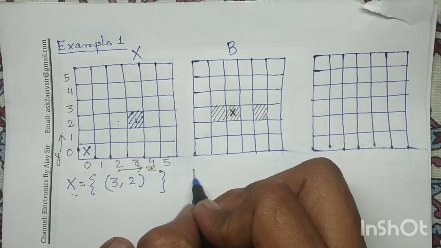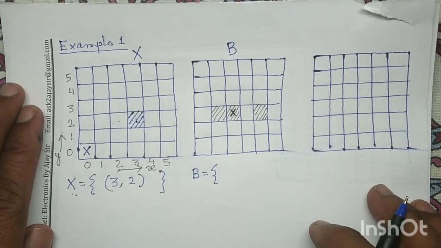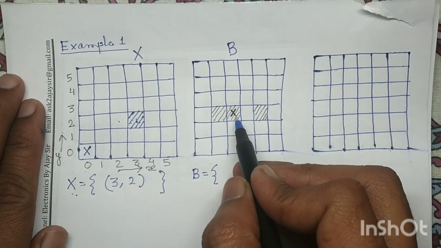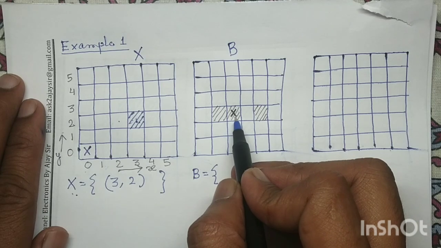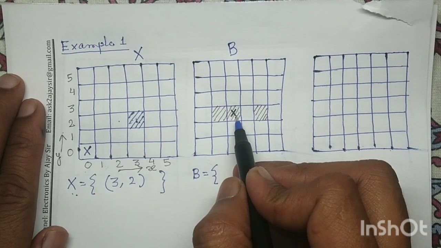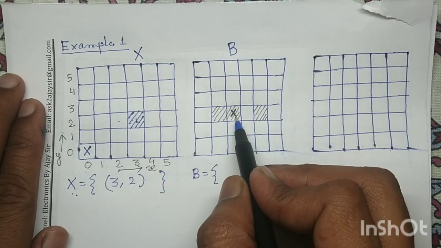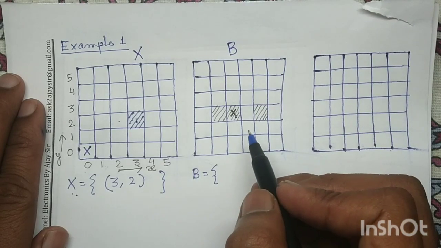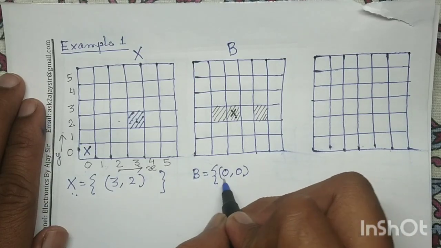Similarly, we have to write the set for the structuring element B. In structuring element B, this is my origin, so we start indexing from this origin point. For this origin, the coordinate is 0, 0.